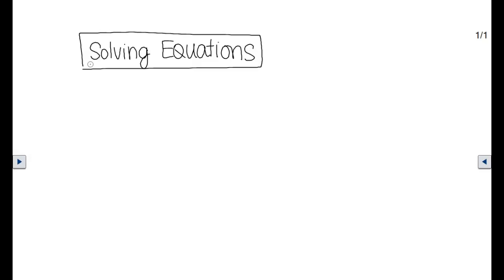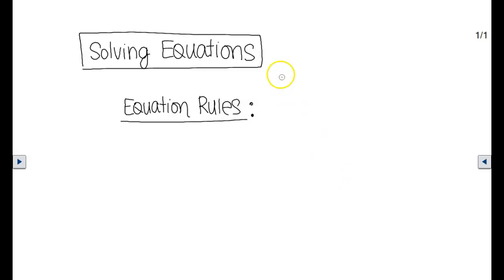As we go through this chapter, you definitely want to be sure that you understand the basic equations because we're going to be building on those as we go. So let's talk about some equation rules. Even before we talk about those rules, we need to remind you that equations have equal signs.